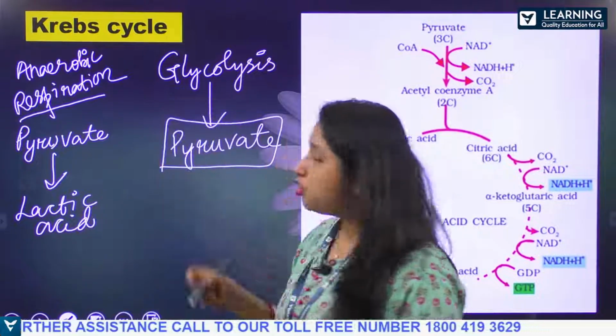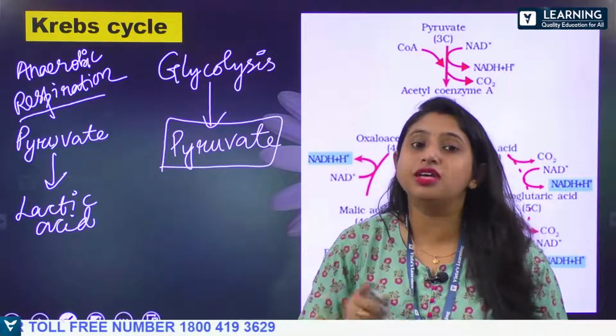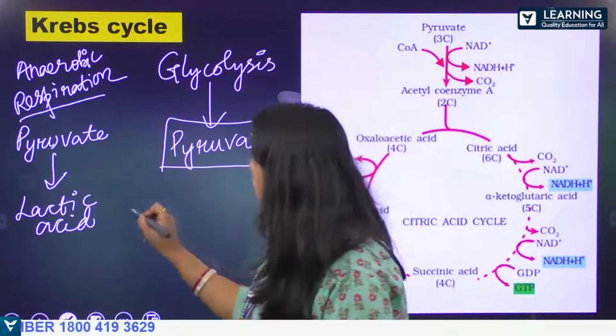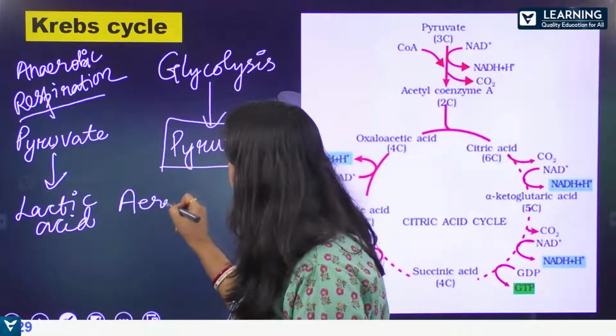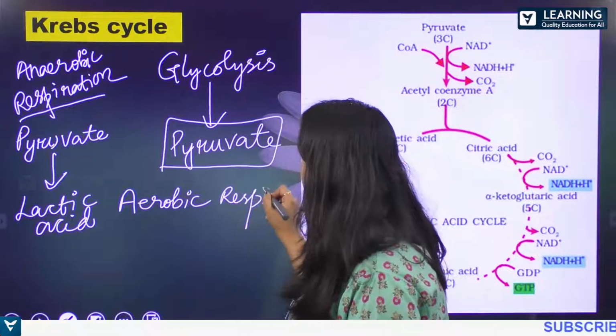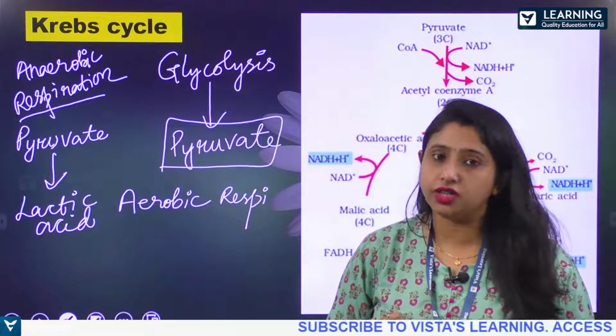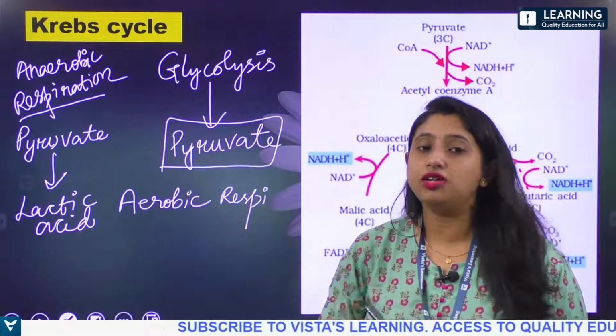Whereas in aerobic respiration, the pyruvate gets converted into acetyl coenzyme A, okay? So aerobic respiration takes place in the mitochondria of the cell. It is called the Krebs cycle.